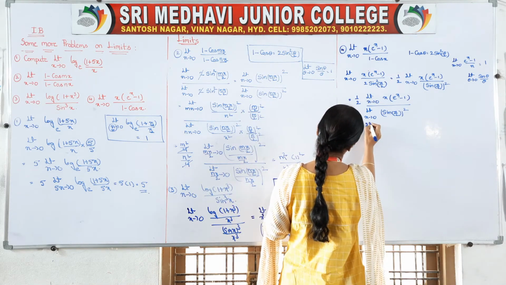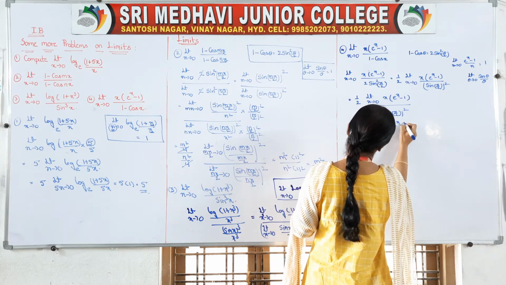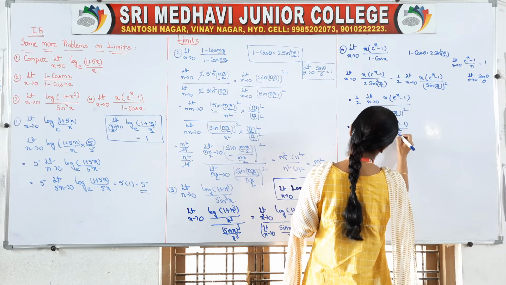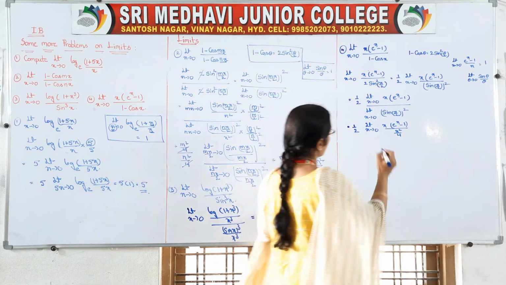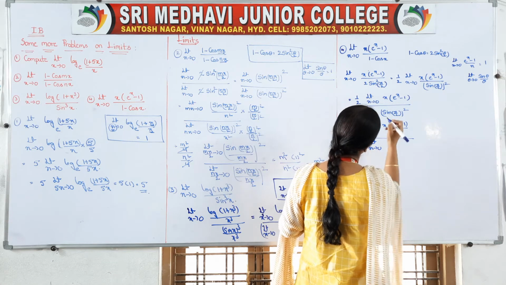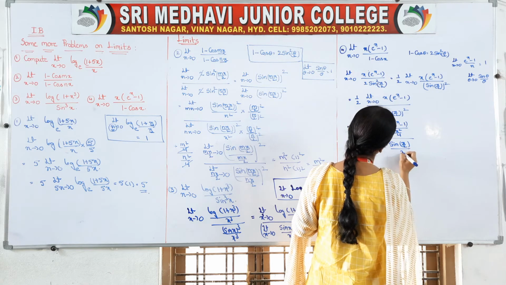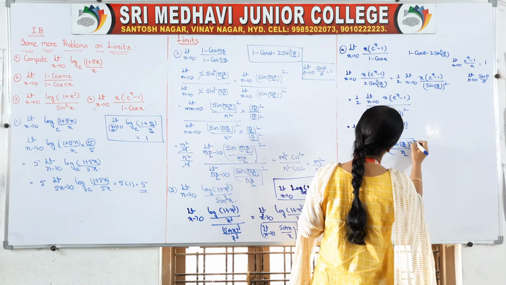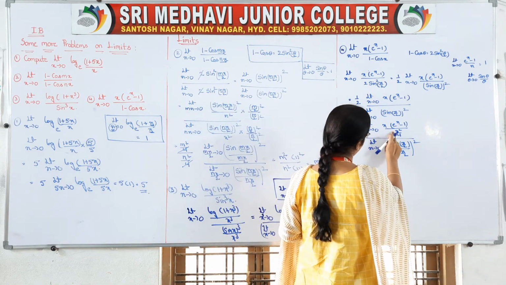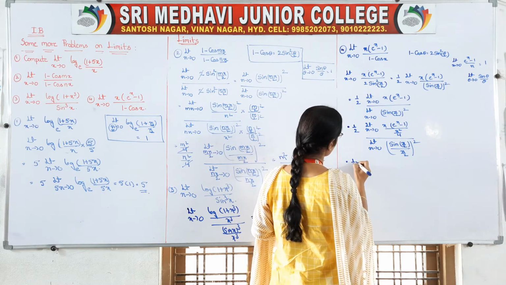So 1 by 2 limit x tends to 0 x into e to the power of x minus 1 by x by 2 whole square, meaning x square by 4. Okay, by limit x tends to 0 we can write this as sin of x by 2 by x by 2 whole square.